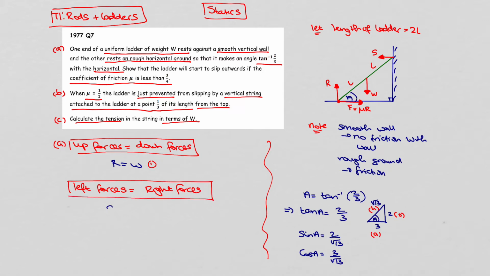In other words, S must equal mu R on the point of slipping, and R we've just established is W. So we can say S is equal to mu W.